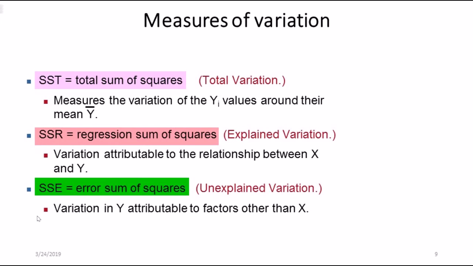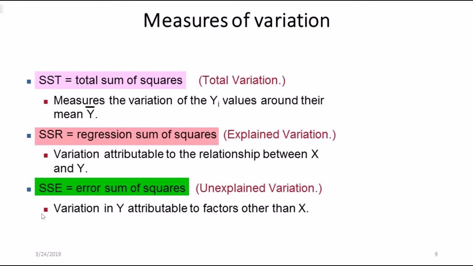Next, SSR, or regression sum of squares, is the explained variation attributable to the relationship between x and y. And finally, SSE, or error sum of squares. SSE is the unexplained variation, which is the variation in y attributable to factors other than x.